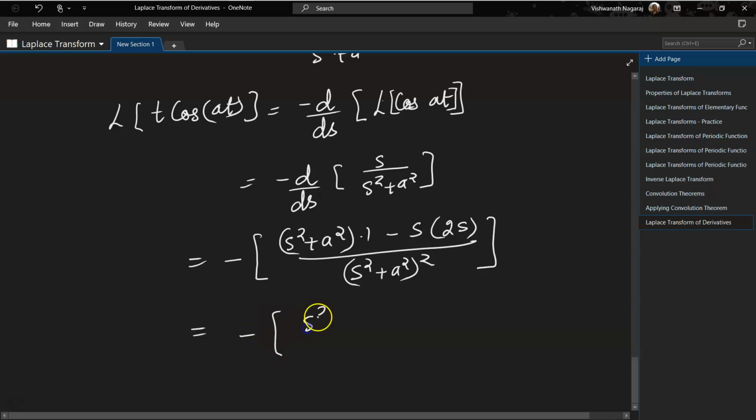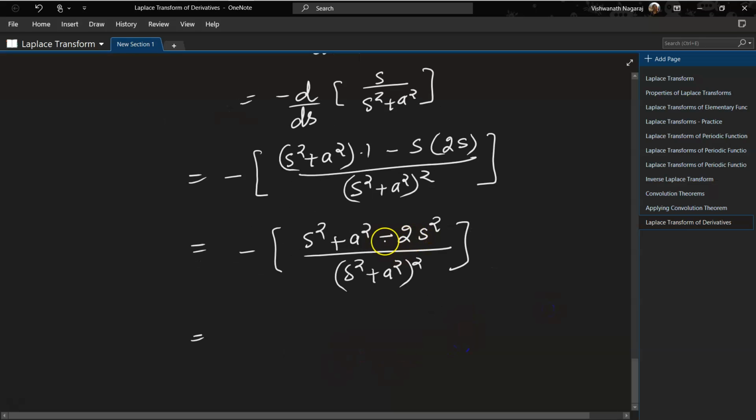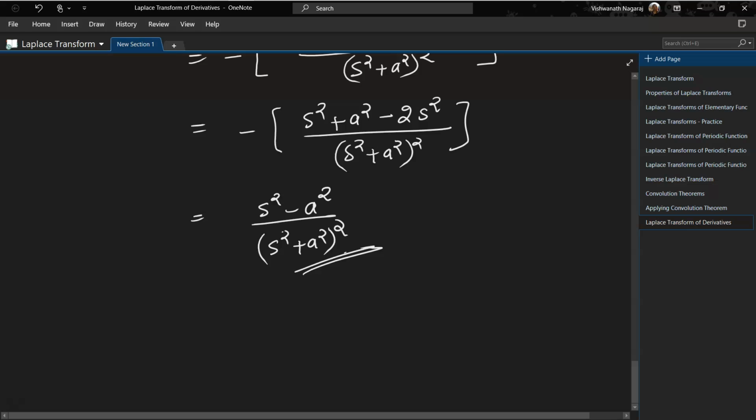Minus s square plus a square minus 2s square by s square plus a square the whole square. Now if we take out this minus, and because of this minus, if we bring it in, we get s square minus a square by s square plus a square the whole square. So that is the Laplace transform of t cos at.